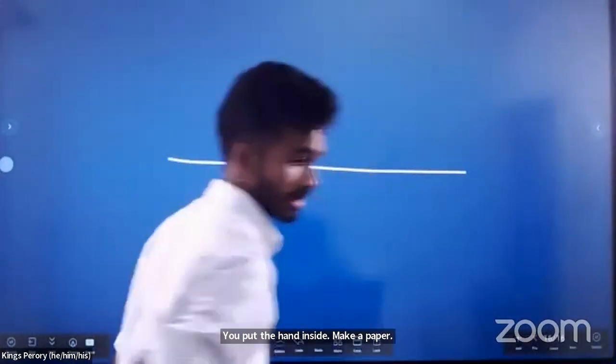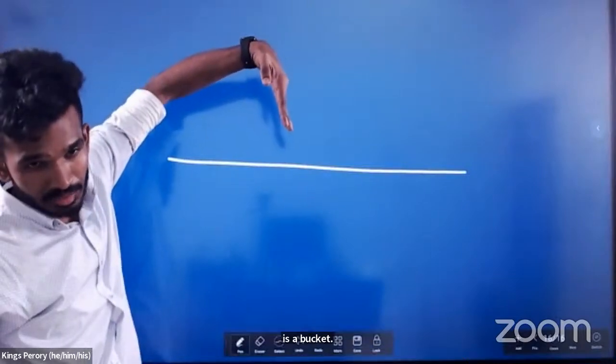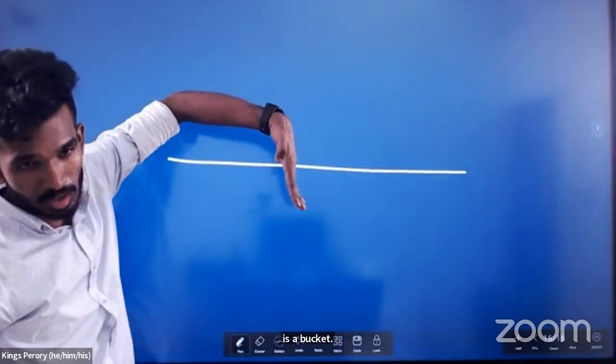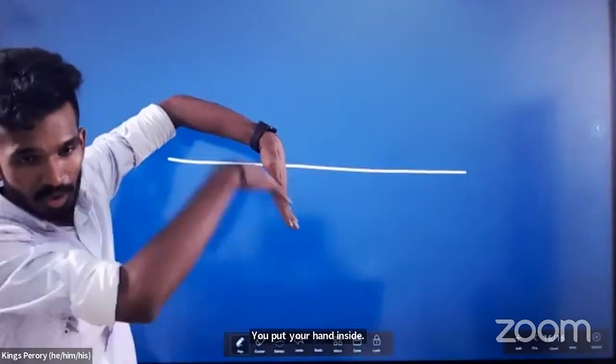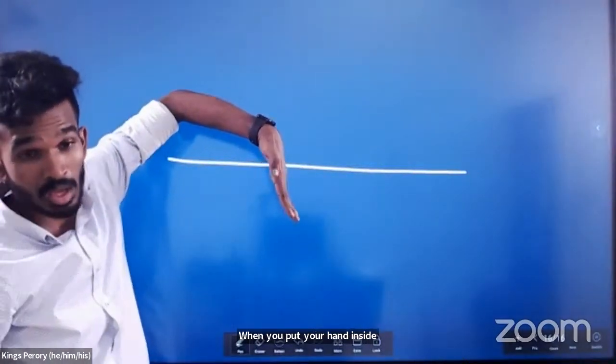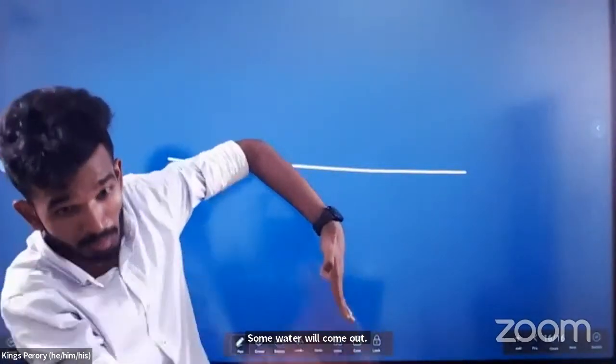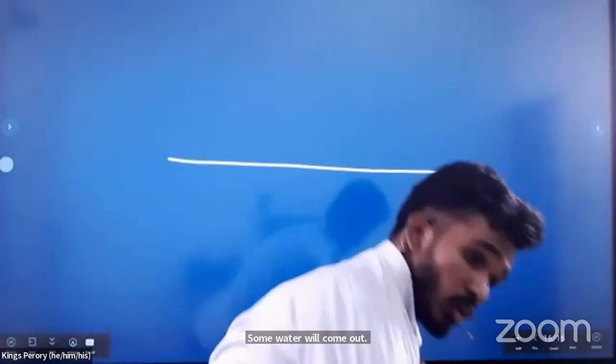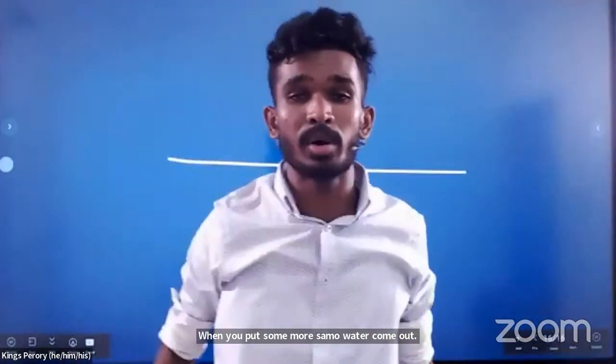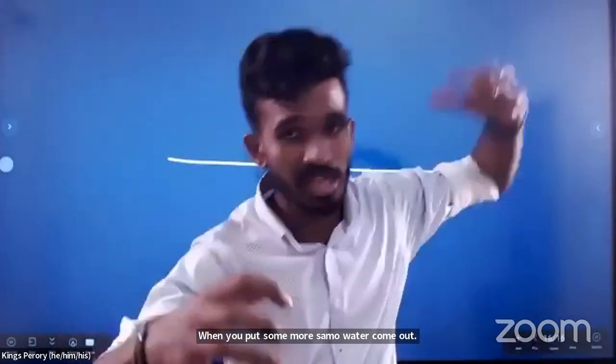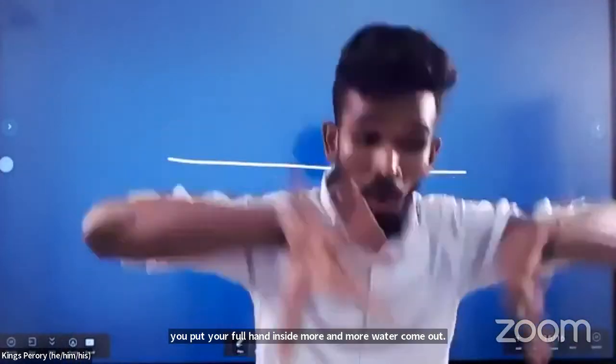This is a bucket. You put your hand inside. When you put your hand inside, some water will come out. When you put some more, more water will come out. When you put your full hand inside, more and more water will come out. When you fully get inside the bucket, all the water will come out.